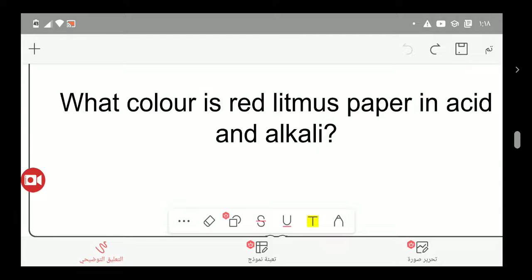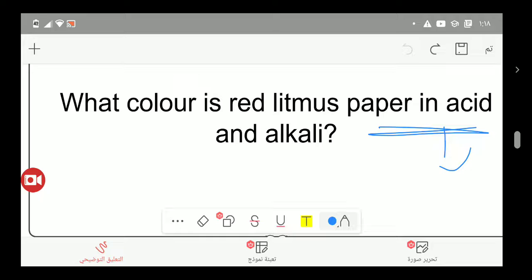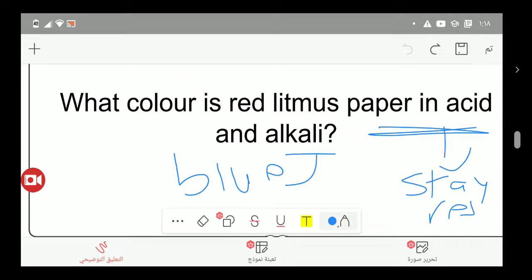Next question: what color is red litmus paper in acid and alkali? The same idea. Red litmus paper in acid stays red, and in alkali it changes to blue.